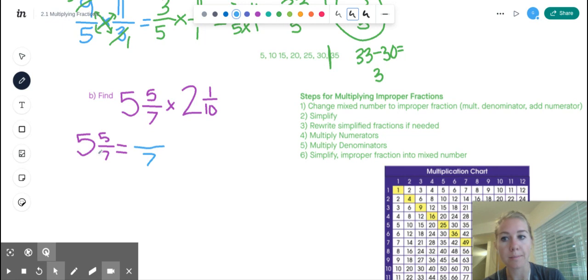Okay, to change this mixed number into an improper fraction, we're going to multiply the denominator and add the numerator. Okay, 5 times 7 is 35, and plus 5 more is 40.